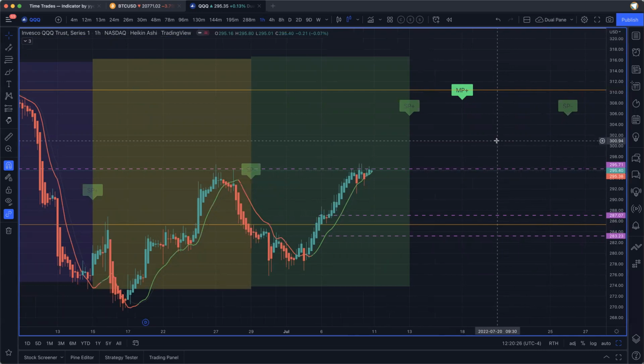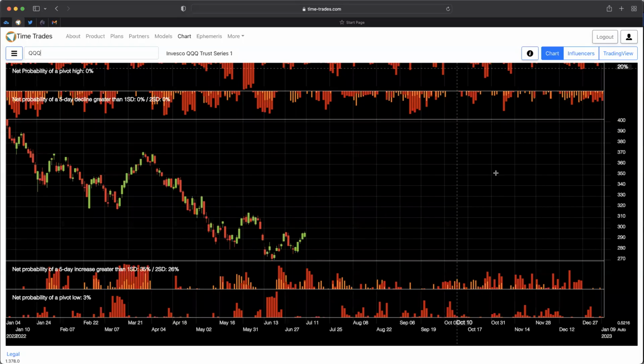Okay, so let's drop into a review of what's coming up on Time Trades. We're going to flip over to the Time Trades web application. It's been another week of incremental improvements to the machine learning engine, and I think you'll agree with me that it's a lot cleaner and easier to interpret now.